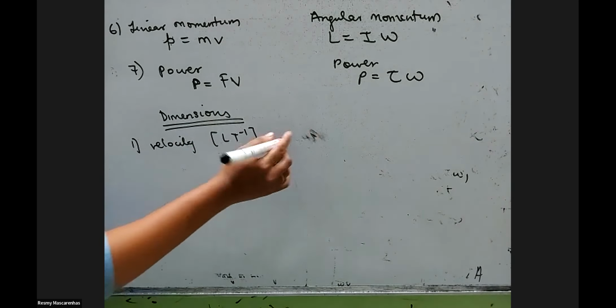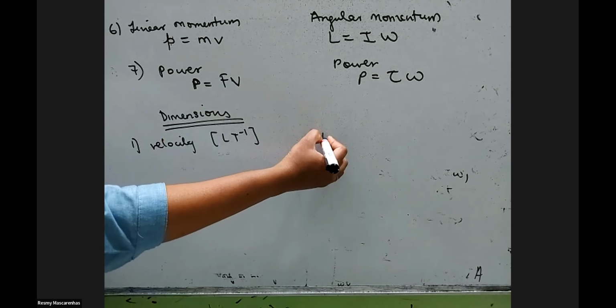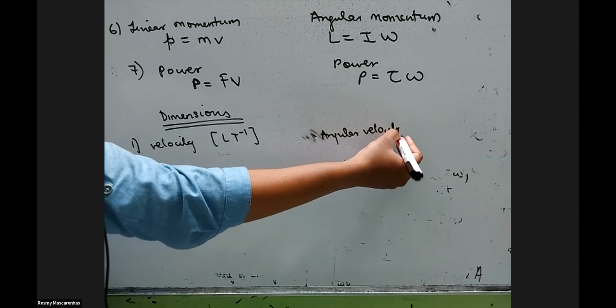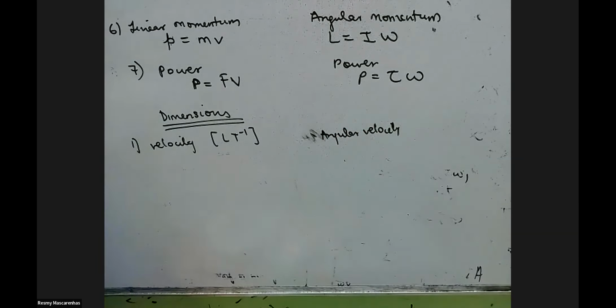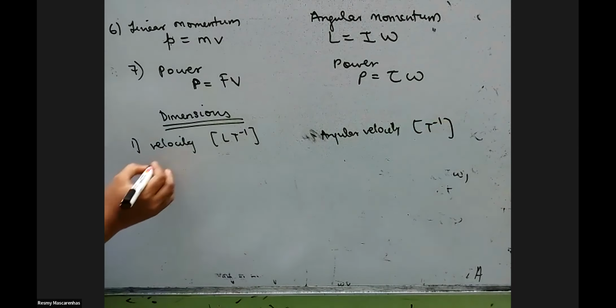This is for linear and this is for rotational. For angular velocity, there is no length involved. Because angle is always indicated in terms of time, hours, minutes.